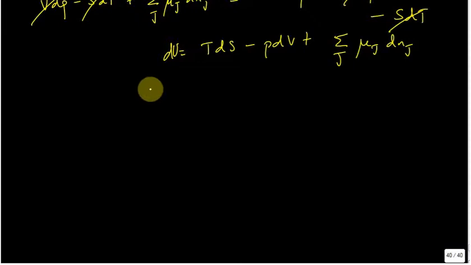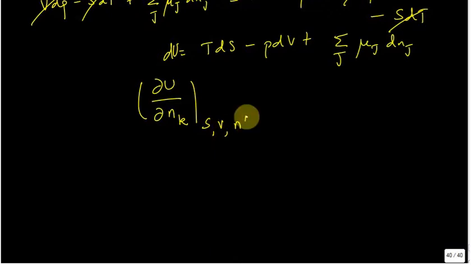Then the change in U with respect to the change in number of moles of component k at constant entropy, volume, and the rest of the components fixed is nothing but the chemical potential of k.